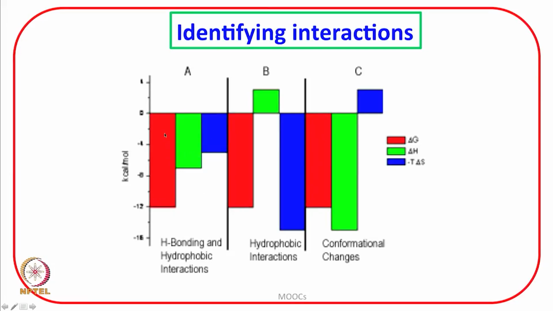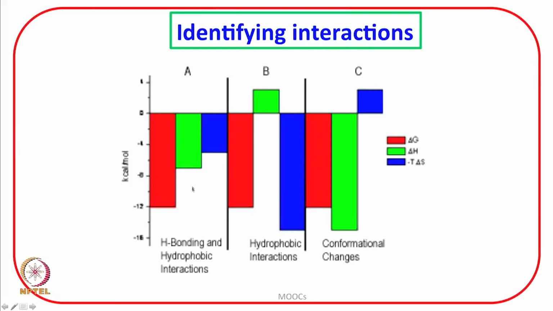When delta G naught is negative, it has to be negative for binding to occur. And if delta H naught is also negative and delta S naught is positive, remember that we are talking about minus T delta S naught. If minus T delta S naught is negative, it means delta S naught is positive.